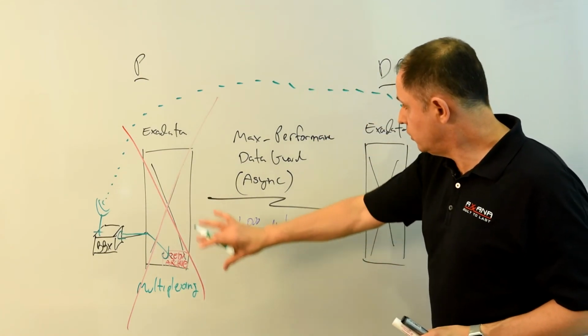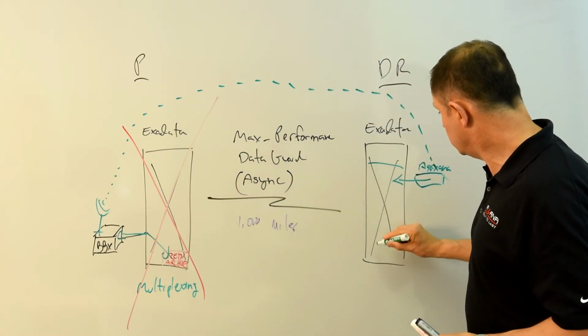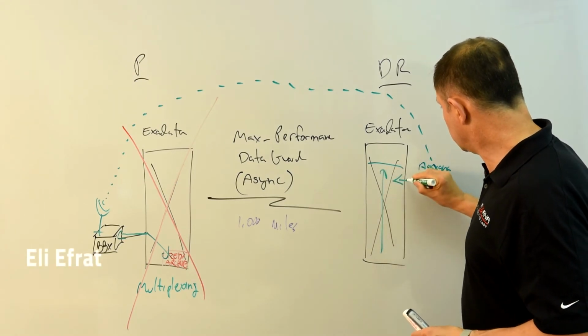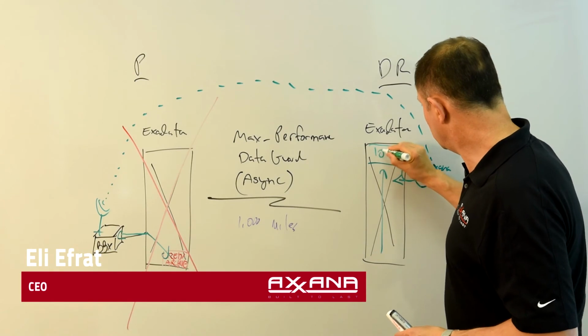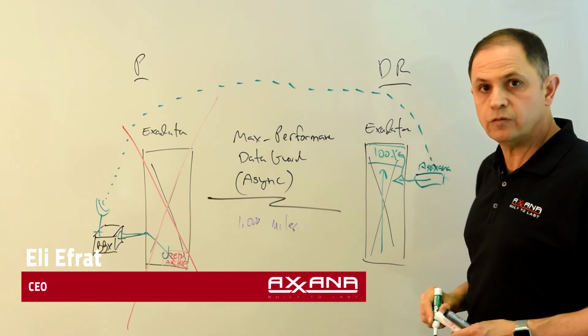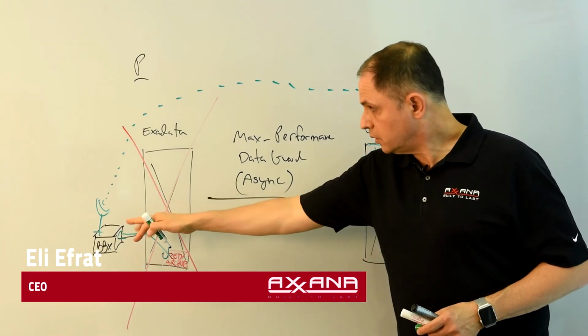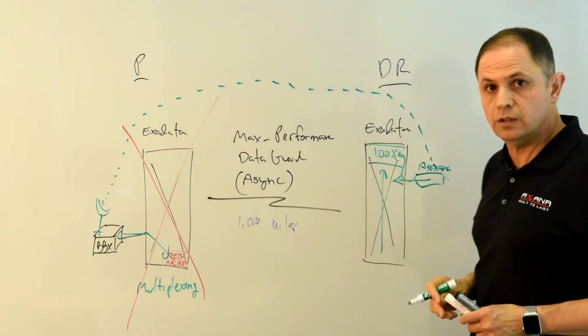So with your regular replication, you would get up to here, and with Axana, you will complete the missing transactions and get into 100% recovery because the black box just transmitted the missing data to the other side.